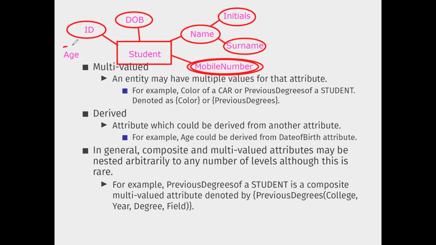So usually you have a dash ellipse, which represents that this is a derived one. So age is a derived attribute because age can be calculated using date of birth.